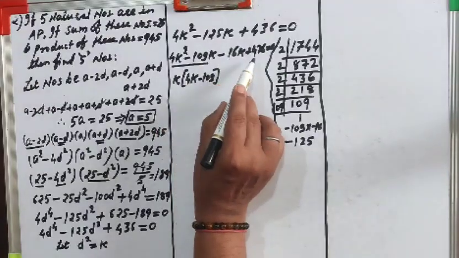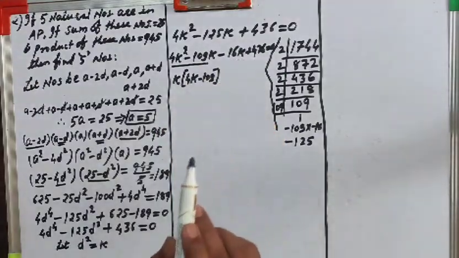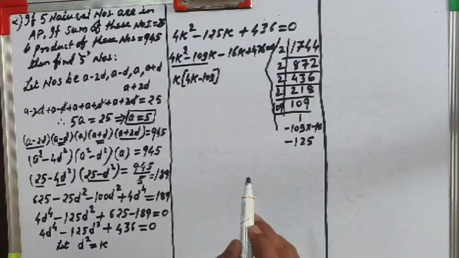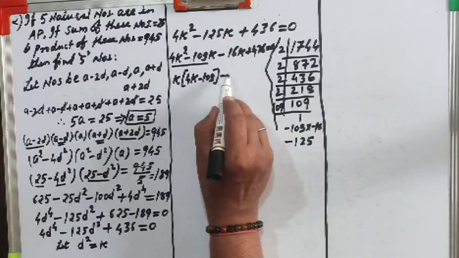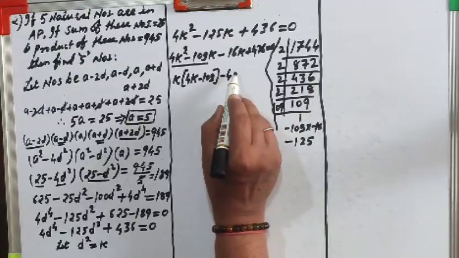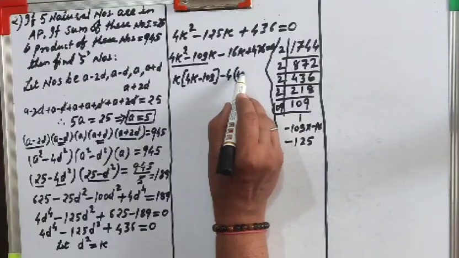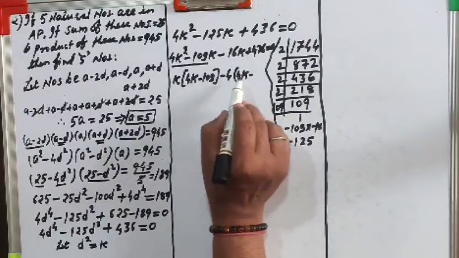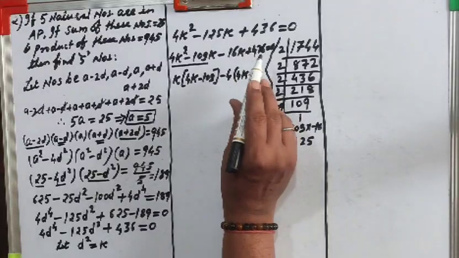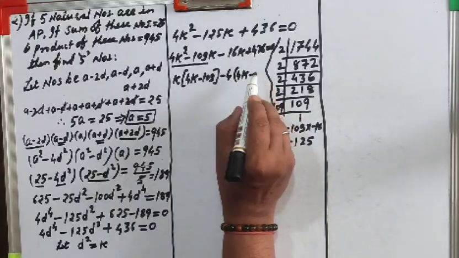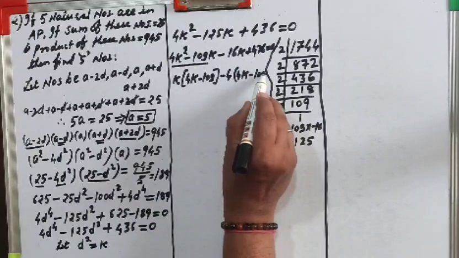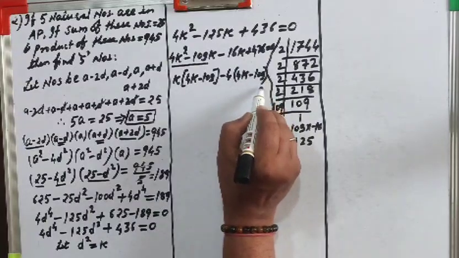And here, what can you take common? You can take 4 common. So when you take 4 common here, you will get in the bracket k minus, because this is plus, so minus into minus will be plus, 109, which is equal to 0.